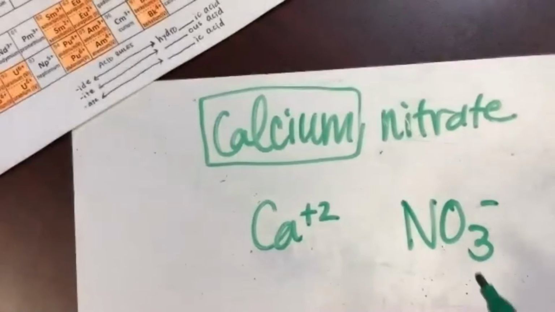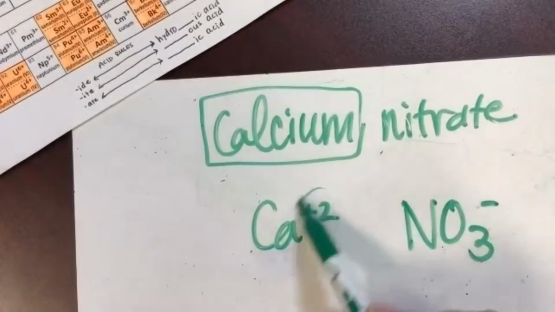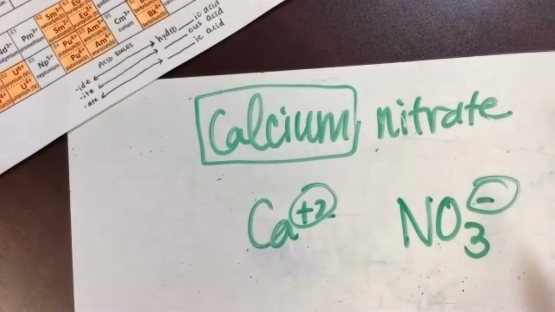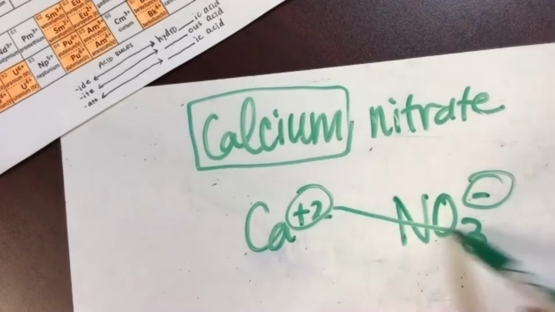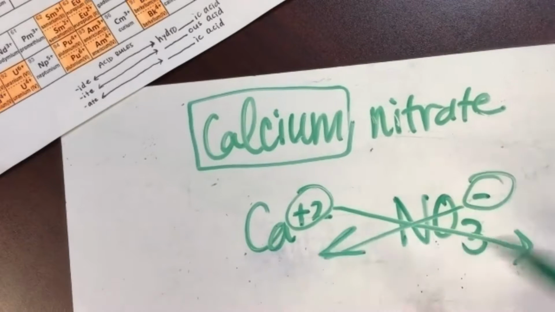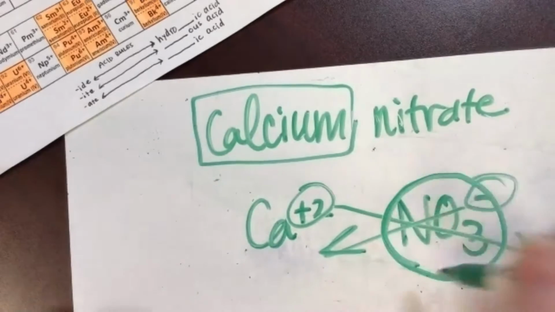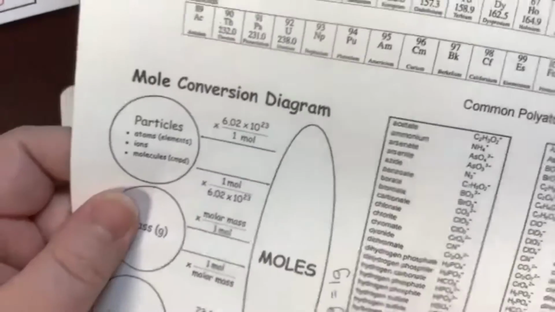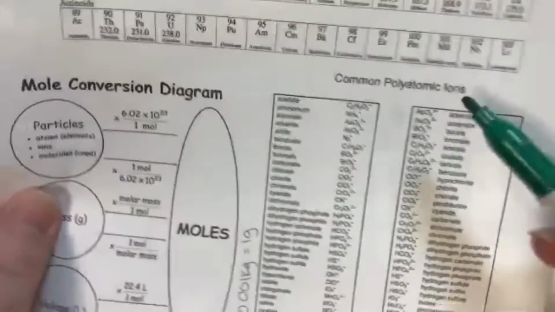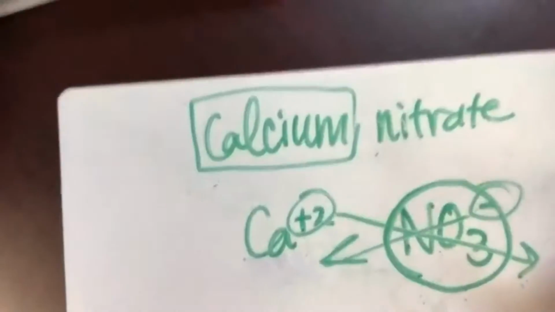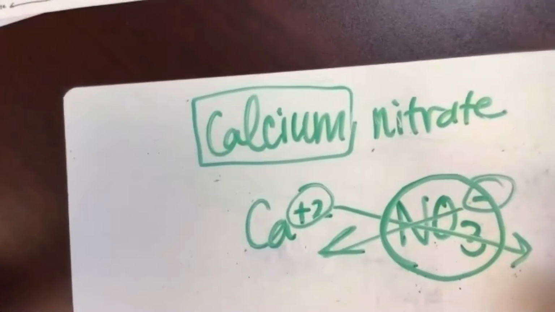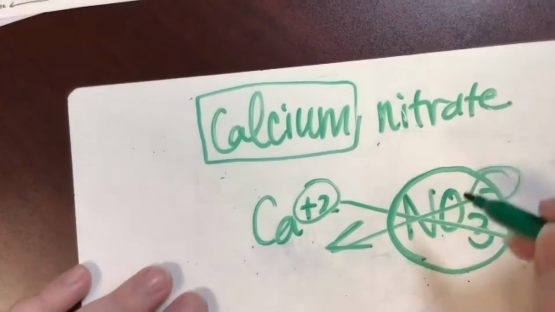All right, now these charges cannot simplify. They do not cancel each other out. So when that happens, I need to cross and go down. But here's the question. This is polyatomic because I found it on this list back here. See right there, it says polyatomic. That's polyatomic.